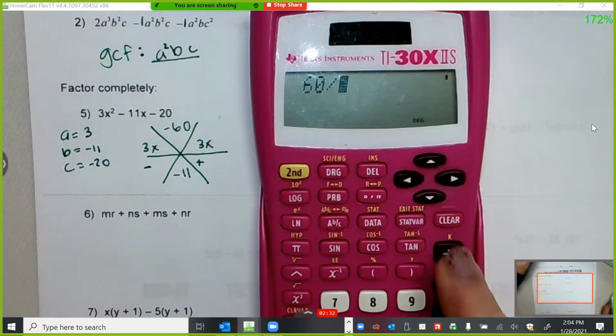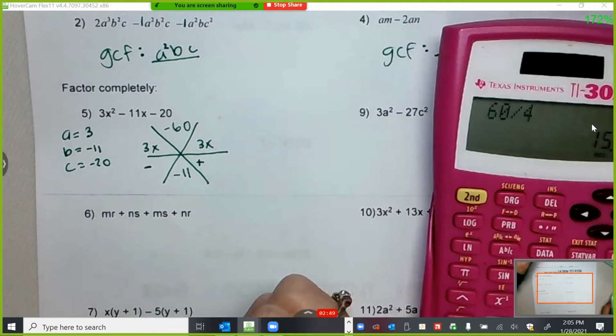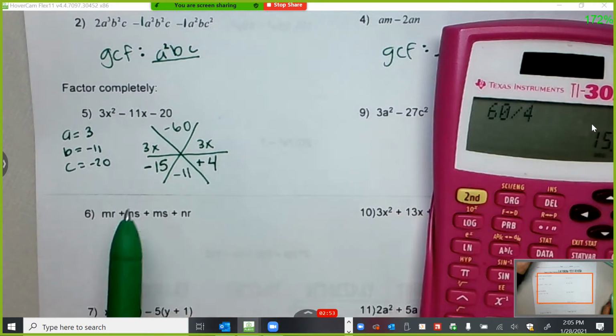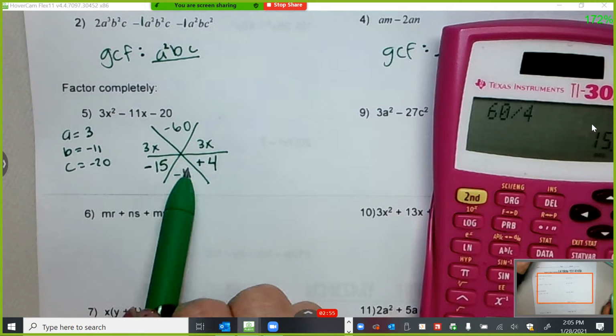What else? I'm trying to think. 2 and 30 don't. 3 and 20 don't. 4 and 15. So it's going to be 4 and 15. It's going to be a -15 though with a +4. The way I knew that is because this is negative, so I need the bigger number to be negative.